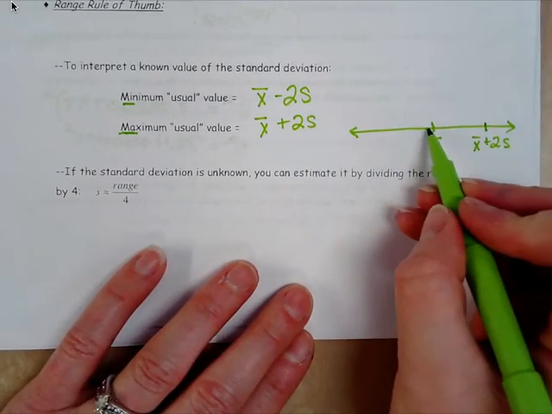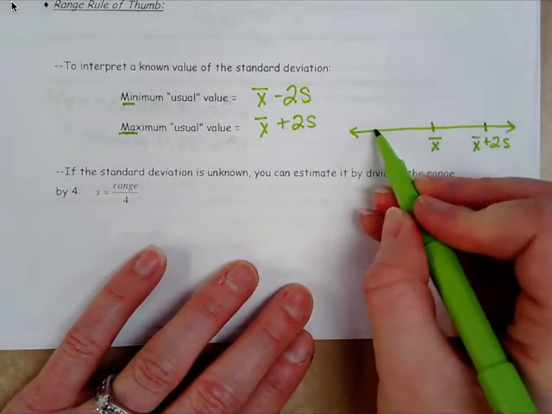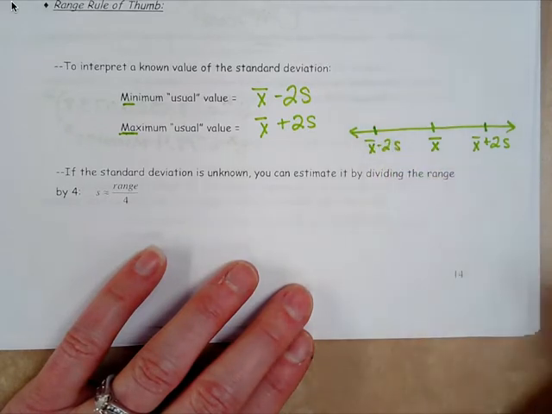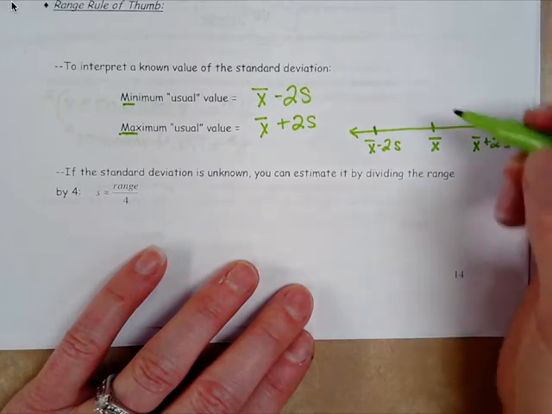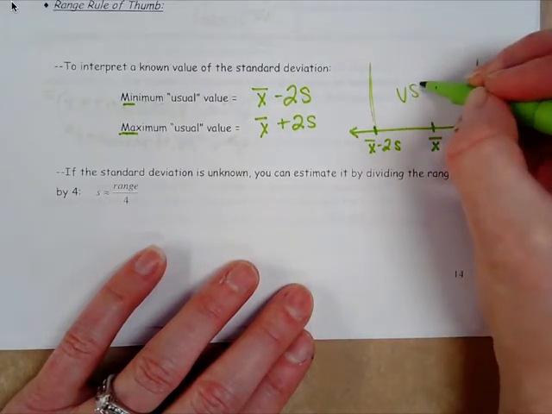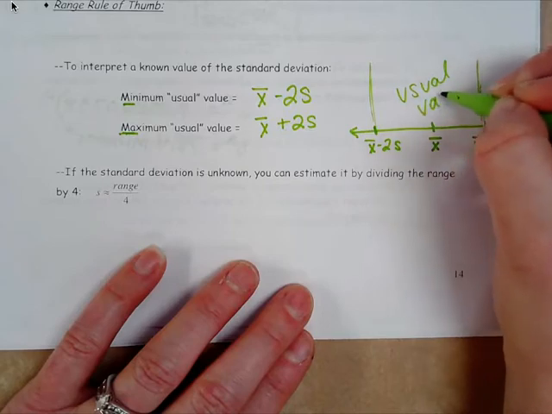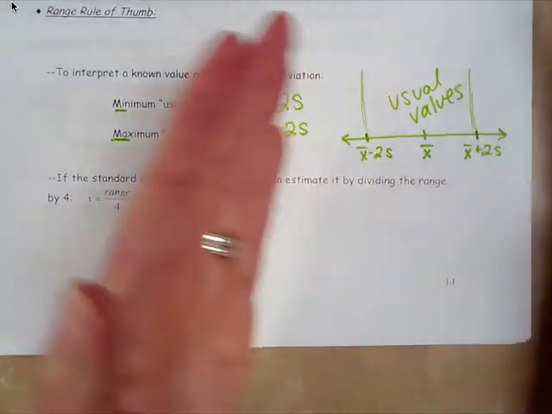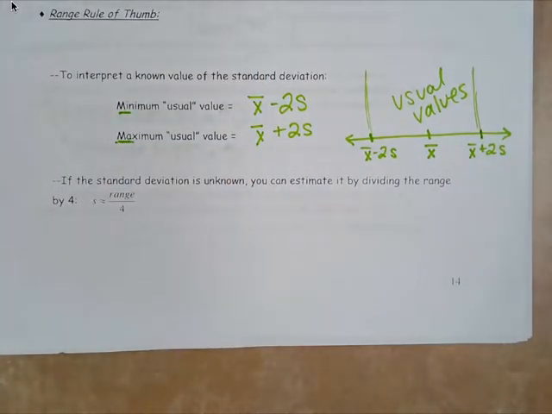And then if I go back to the mean and go below it, it'll be x bar minus 2s. So everything between here is considered usual values. But beyond that, those are considered unusual. Not very likely to get.